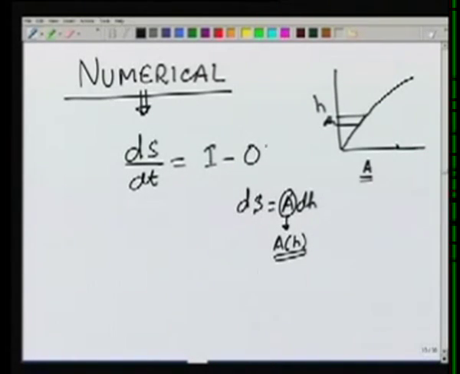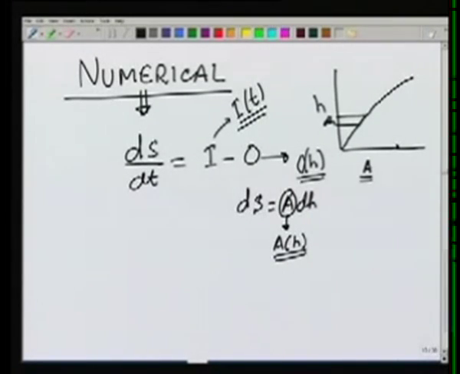O is the outflow, which we have already seen will be a function of h, and I is the inflow, which is a function of time. So we get a differential equation in which the area a is a function of h, outflow again a function of h, the inflow is a function of time.